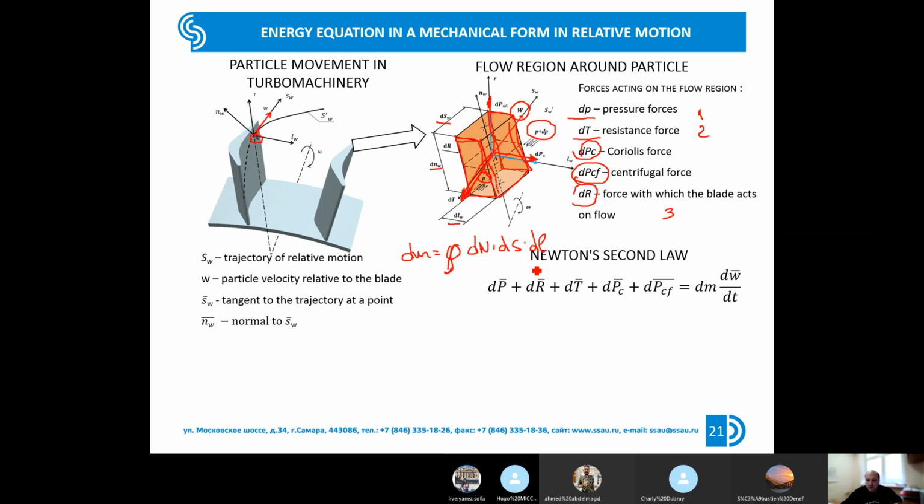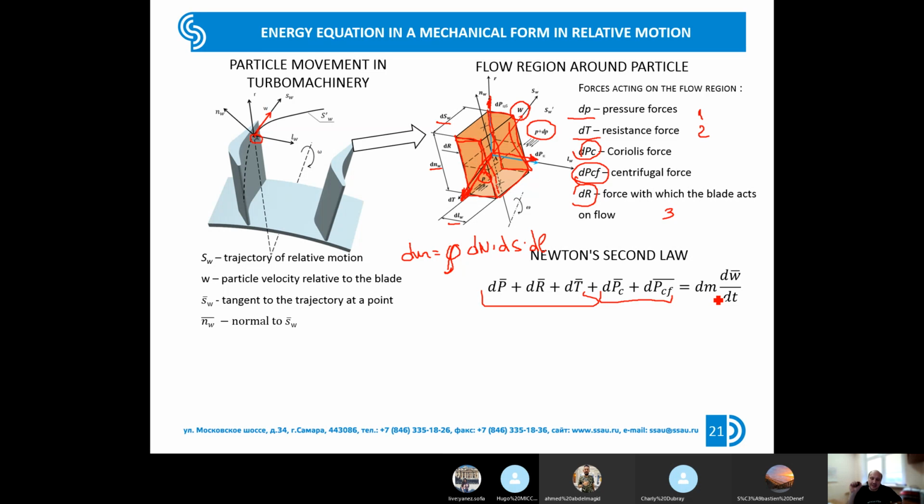This equation says that the sum of all external forces, these three, because they are the forces from the pressure difference, the forces which impact from the blades, and the resistance force, plus the inertia force, is equal to the mass multiplied by the acceleration in relative motion.